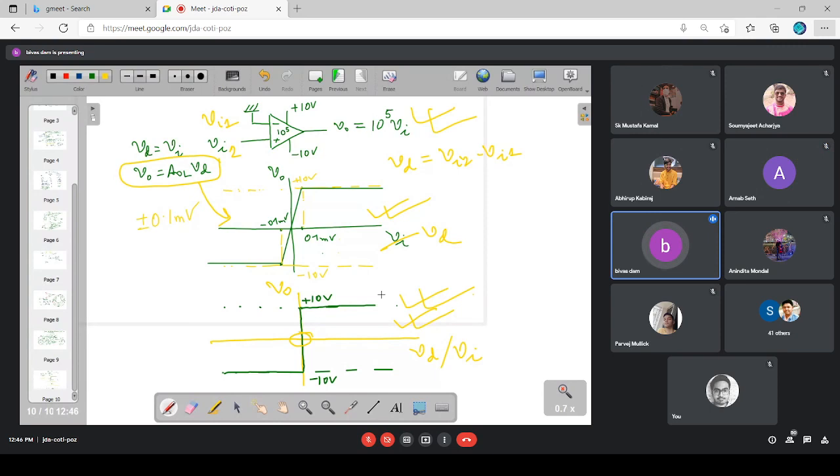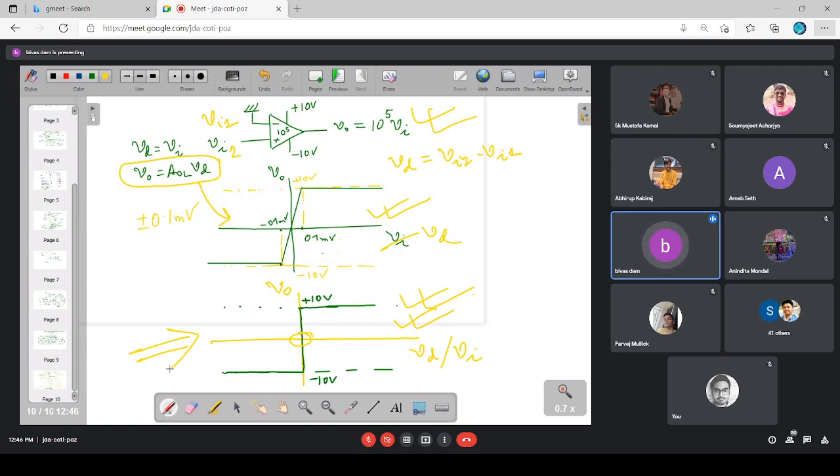Now, practically, if I do not expand the region near the origin, this transfer characteristic will be nothing but this. Now, what is the use of this particular transfer characteristic? What do you understand by this particular transfer characteristic?